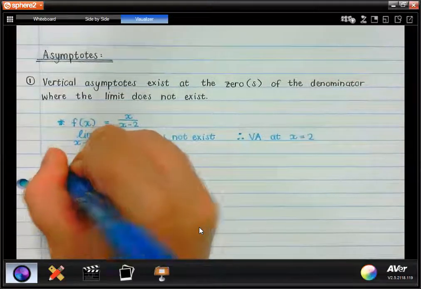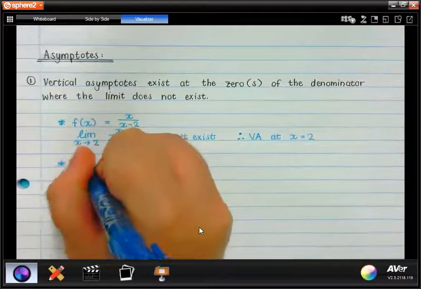But what if we have something like this? Let's call it g of x.